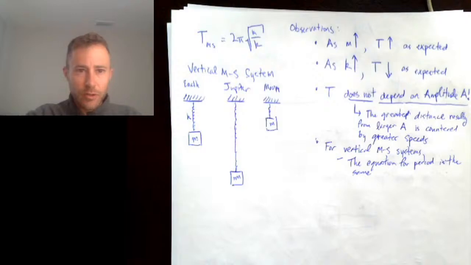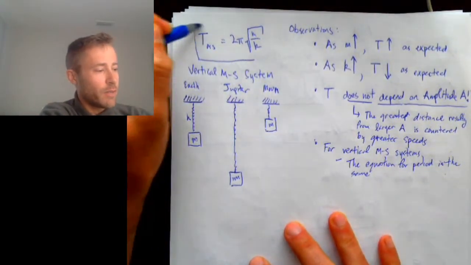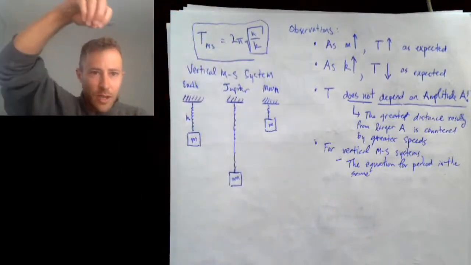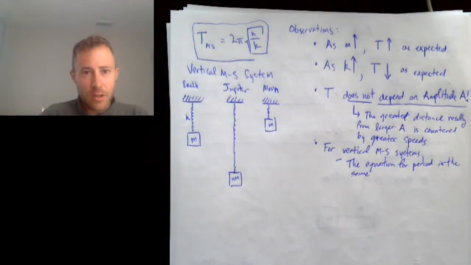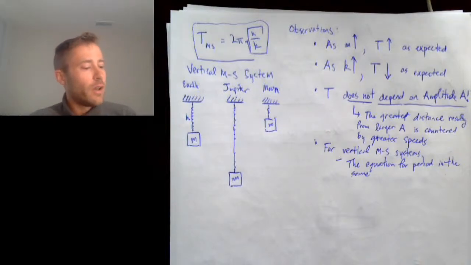Okay, so it doesn't matter. The equation is still 2 pi square root of m over k for the period, even if it's hanging vertically versus if it's horizontally. I'm not going to prove that to you, but it is possible to show that that is the case.